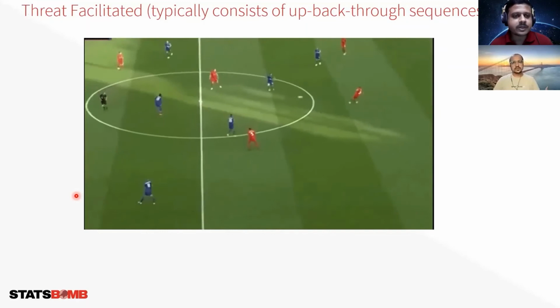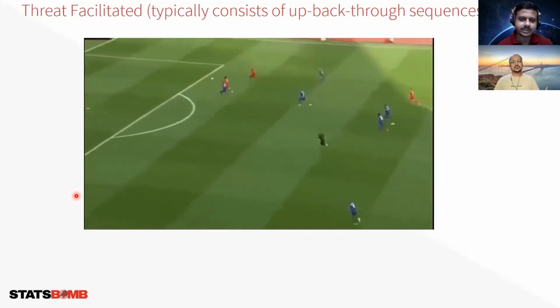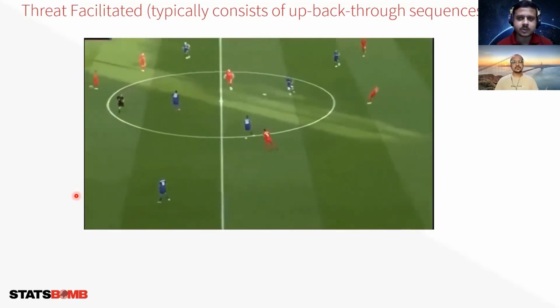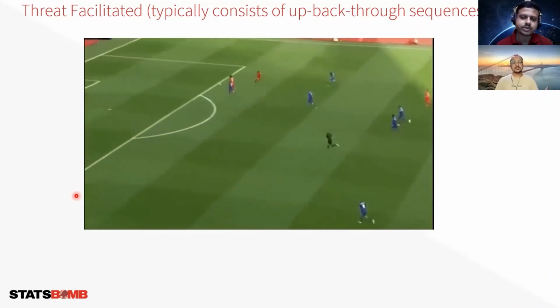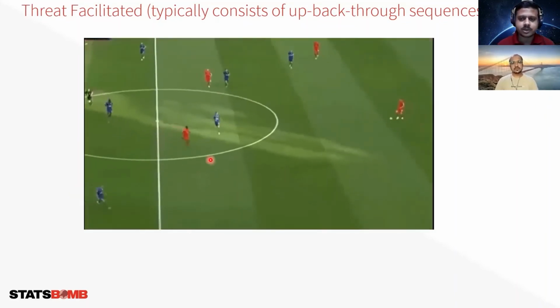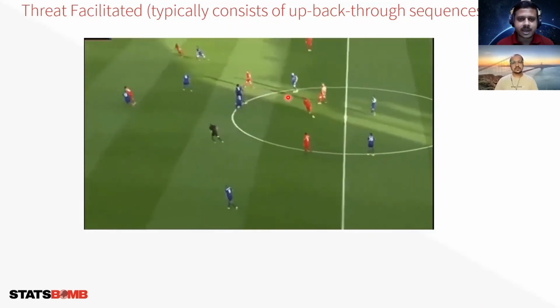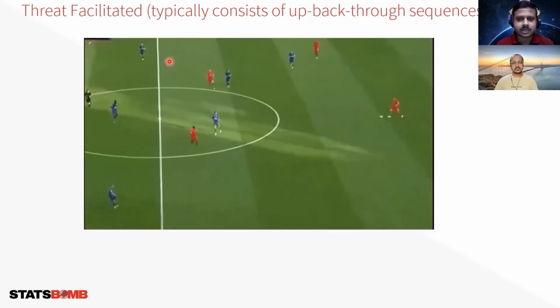The next metric that we look at is threat facilitated. This is typically given by sequences that have an up, back, and through kind of movement. So if you look at the clip here, there's this first pass being played, and then this guy plays a back pass, and then there's this through ball, and that sends an attacker clear.